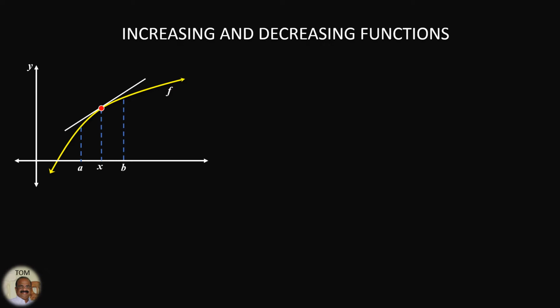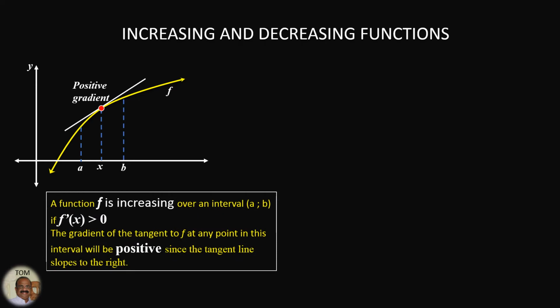Okay? Now, if the gradient is positive, what is the relationship between gradient and derivative? f dash of x, the derivative, is positive or greater than 0. Now, if f dash x, the derivative, is positive or greater than 0, we say the function is increasing in that interval.